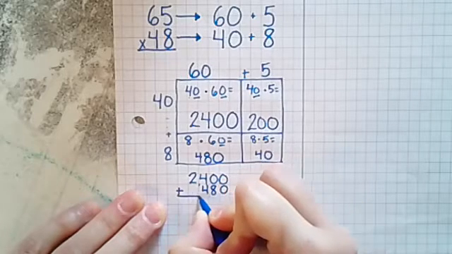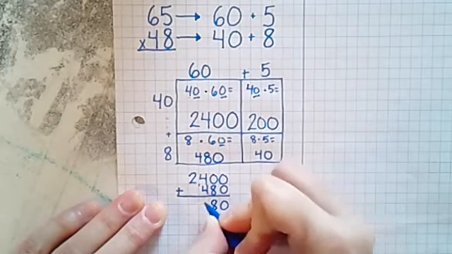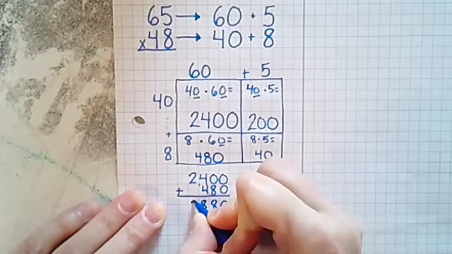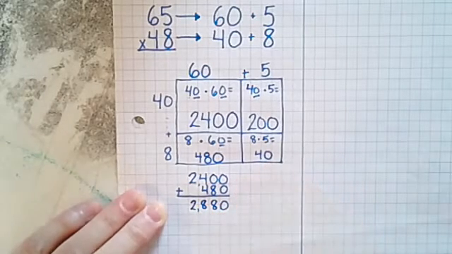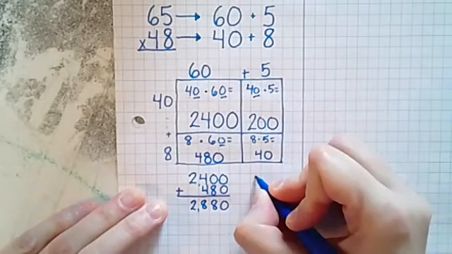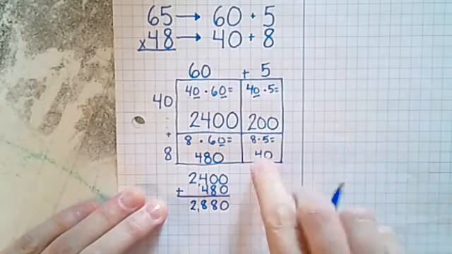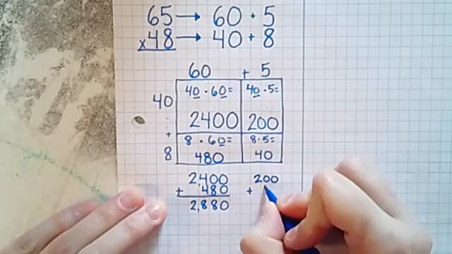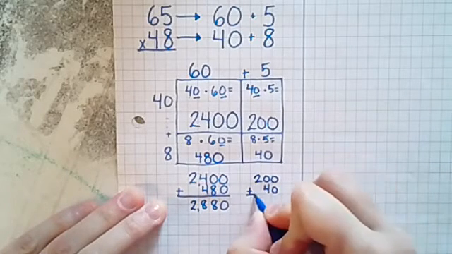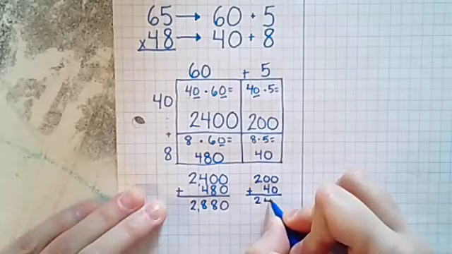And when I add them together, I have 0, 8, 8, 2. So my answer for that one is 2,880. Now I'm going to come to this row, and I'm going to do 200 plus 40, and I get 240.